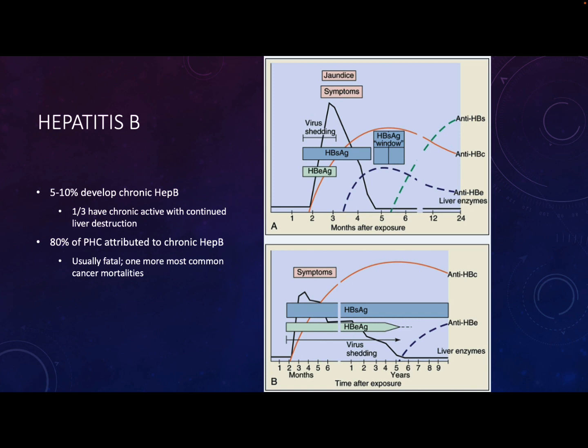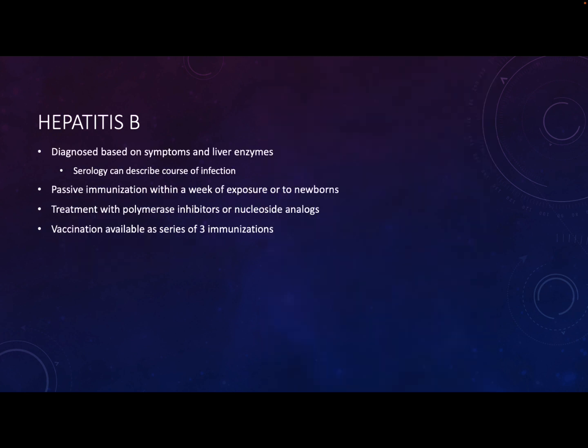Like, oh, I can't breathe, I have lung cancer. My bones hurt, I have bone cancer. Right? Generalized abdominal pain you don't usually think is cancer. So it tends to progress before it's diagnosed.